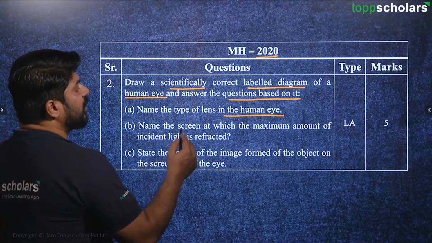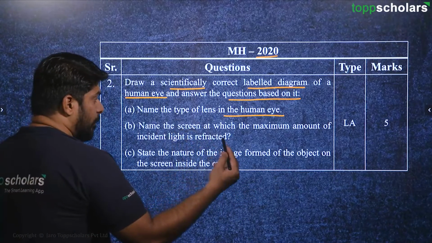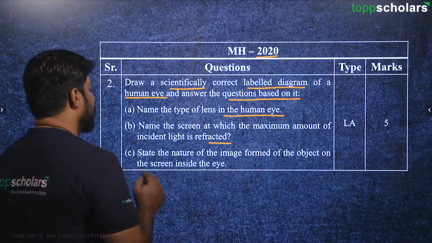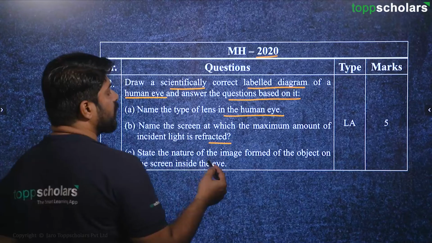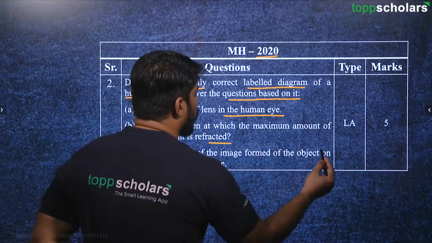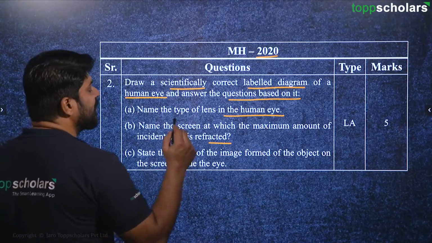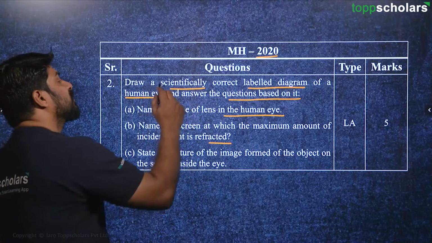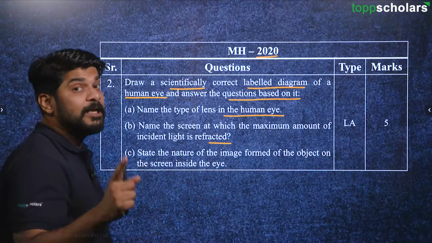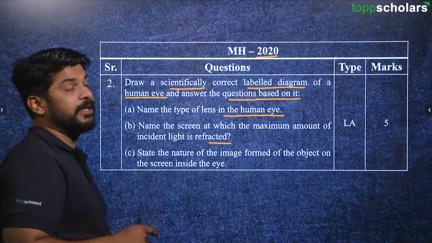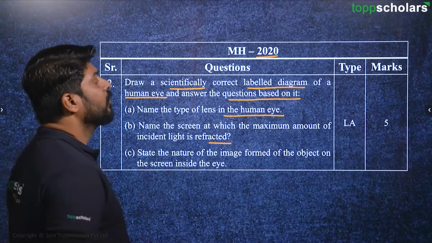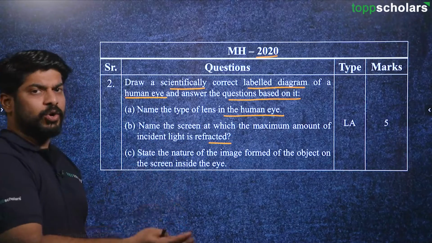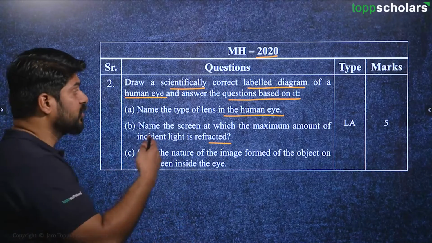Name the part at which the maximum amount of incident light is refracted, and then state the nature of the image formed of the object on the screen inside the eye. So here what we have to do is draw a scientifically correct labeled diagram of the human eye. Okay, so we are going to discuss this question in detail later on, at the later stages of this lecture.